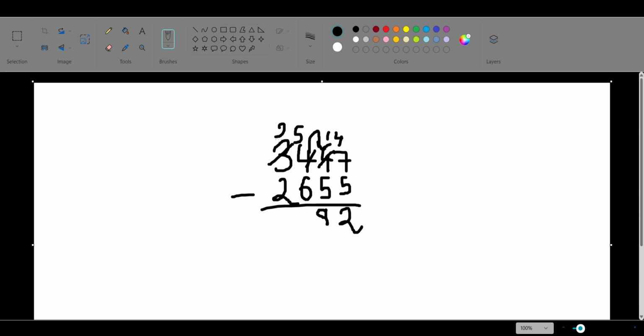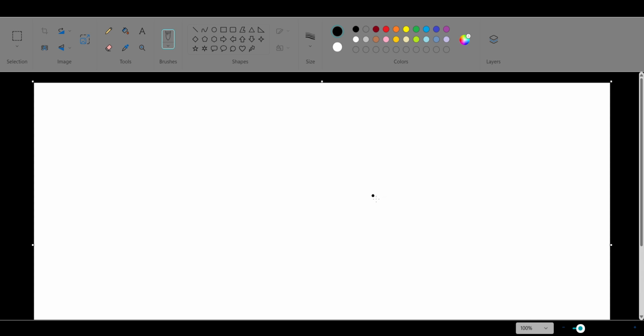After you do that, 5 minus 6, again 5 is less than 6, so you do 15, and then 15 minus 6, which is just equal to 9. Then you just do 2 minus 2, 0. And this is the answer. Kind of tricky, but very easy if you understand it.